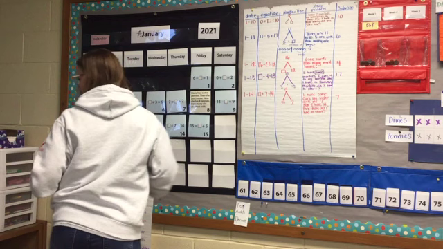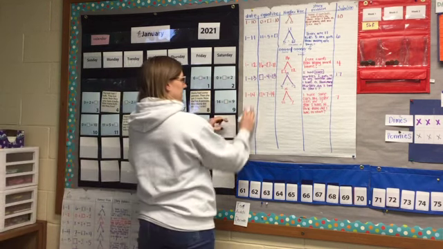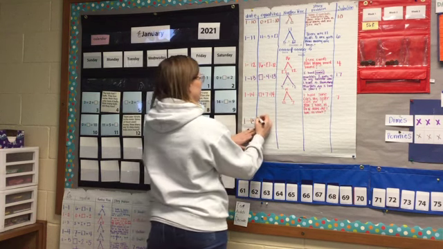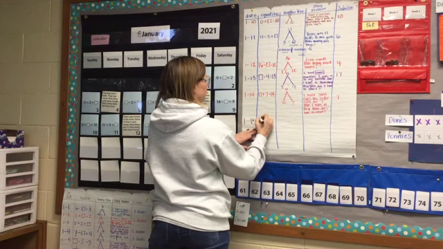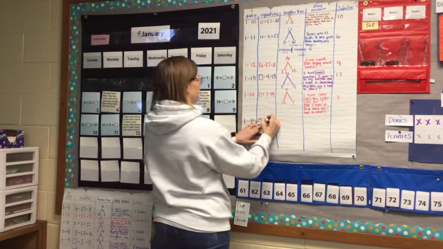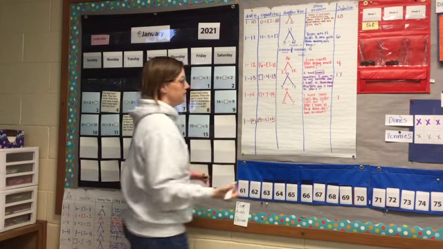Let's write that on our chart. Okay. So the date is January, so 1-15. And the equation starts with the total, 15, and then the equal to sign, something plus 5.